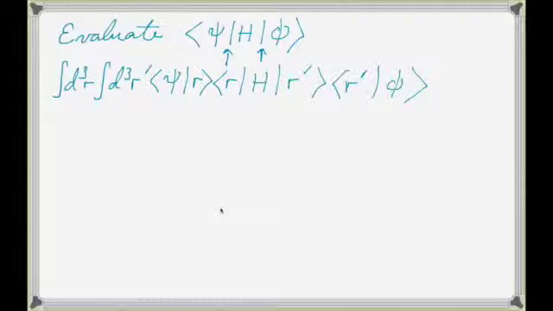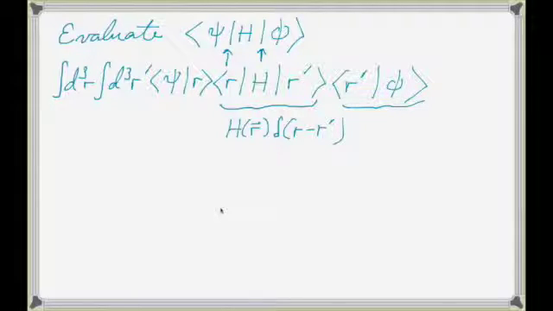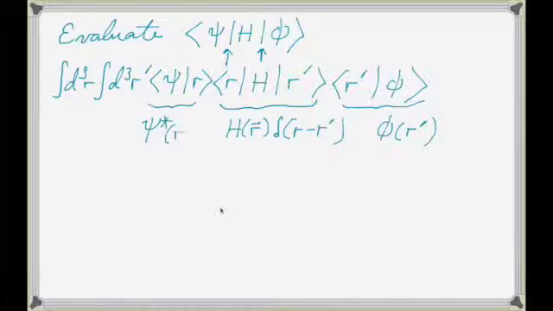And for all the Hamiltonians we're going to be working with, this just gives me h of r delta r minus r prime. And this is what we just had before. This will be phi of r prime. This, because I flipped it around, will be psi star of r.